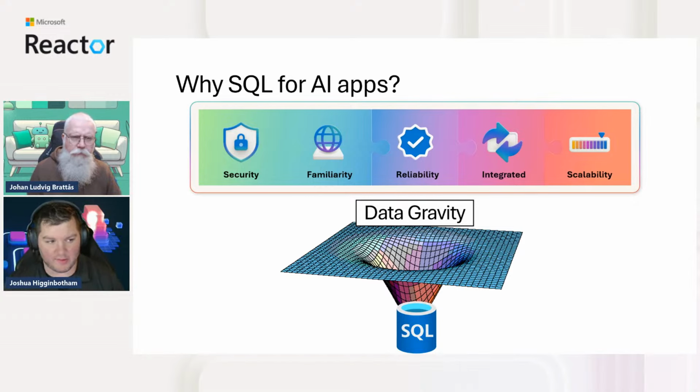Then we start to talk about why you would even want to do this. Why would you want to point AI to this? It goes to the concept of data gravity. Instead of moving your data to AI, why not move AI to your data? If you work in the data engineering ETL space, you understand the effort to get this data moved around.